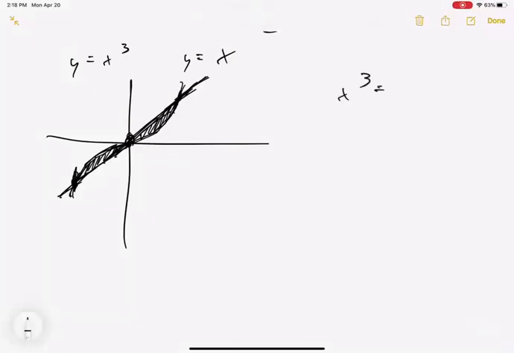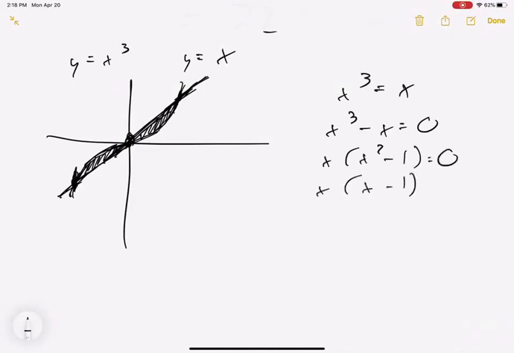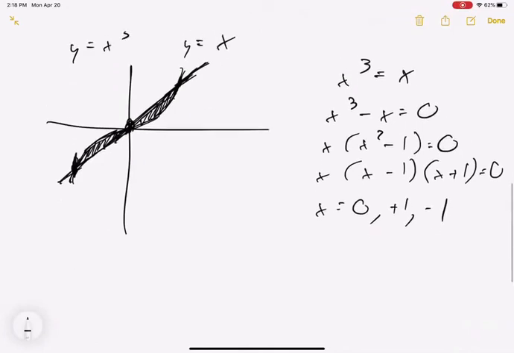Again, I set one curve equal to the other, move everything to one side, and solve my polynomial.